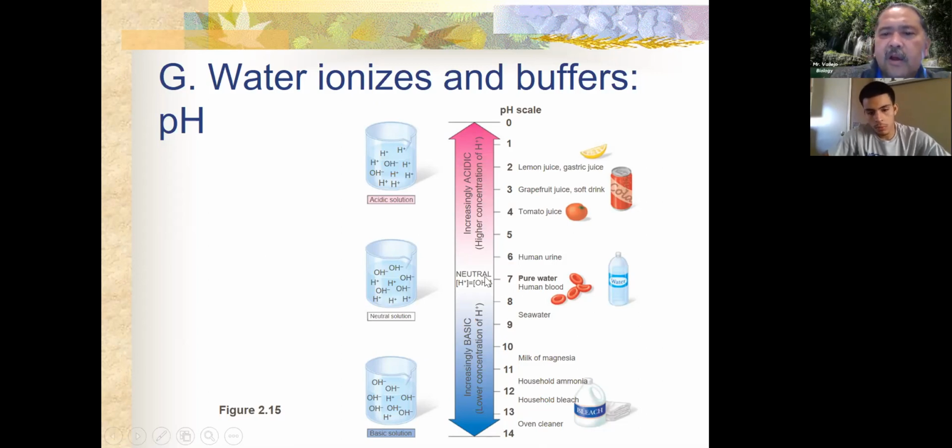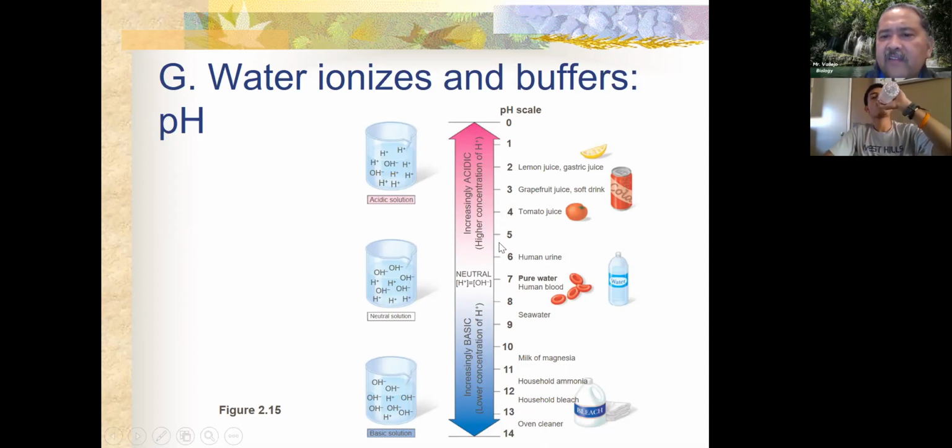If you have pure water, where the concentration of H plus is equal to the concentration of the hydroxyl ion, then if you go from 7 to 6, you have less OH minus and more H plus. The further you go over here, it's an order of 10. So if you go from 7 to 6, that's 10 times.